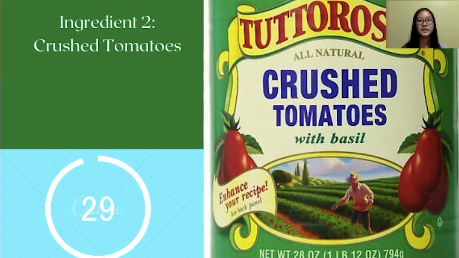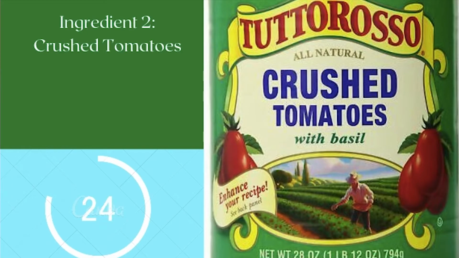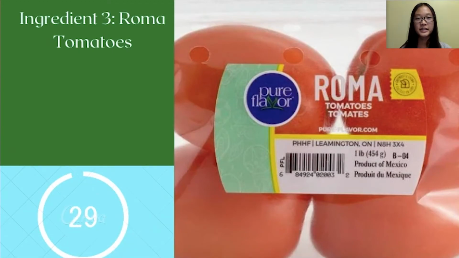Alright, time's up. The second ingredient is crushed tomatoes in a can. Alright, now the third ingredient is a bag of Roma tomatoes.